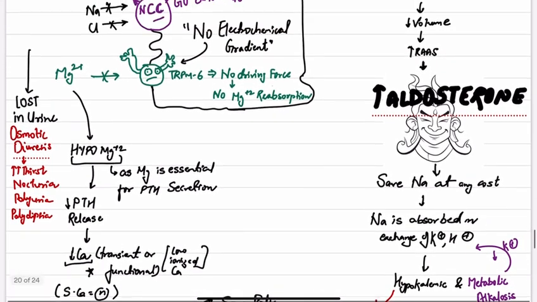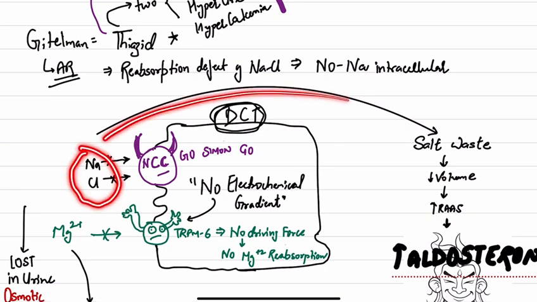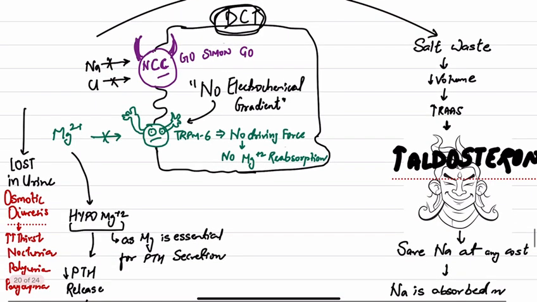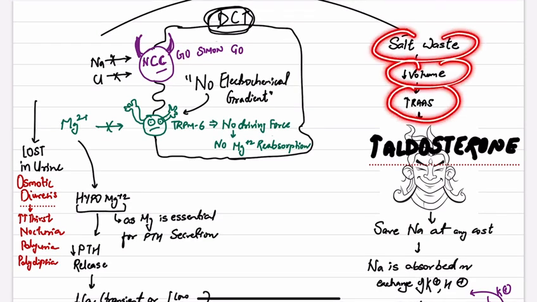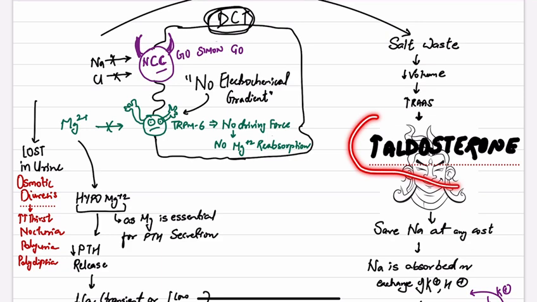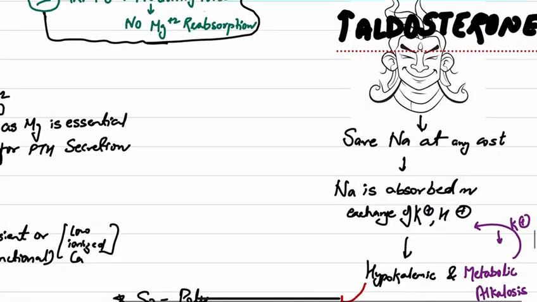As sodium chloride is lost, the body will try to compensate. Salt and water are lost, volume decreases, the RAS is activated, and aldosterone increases. So aldosterone will save sodium at any cost.